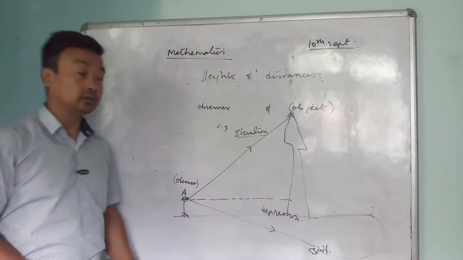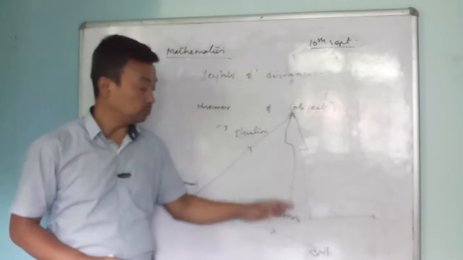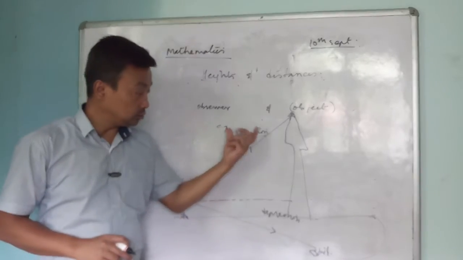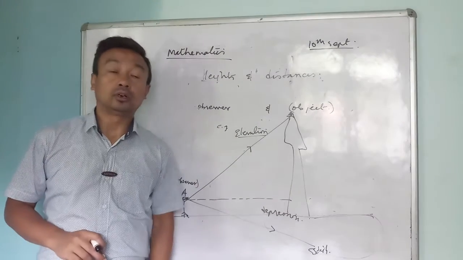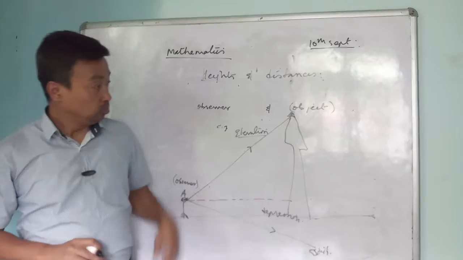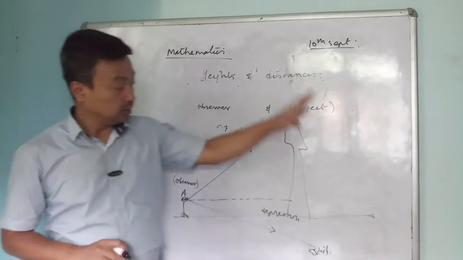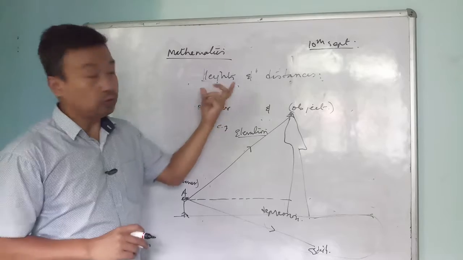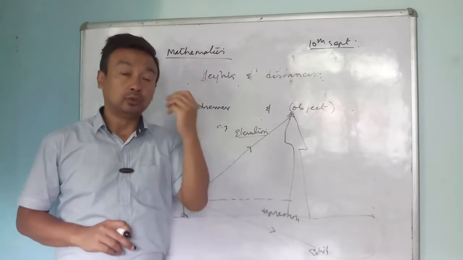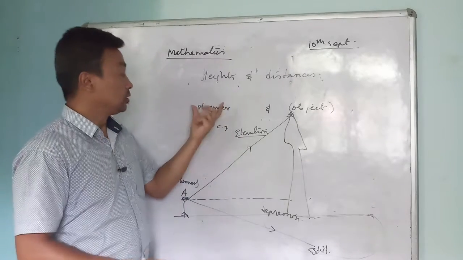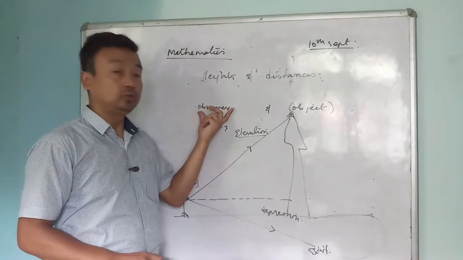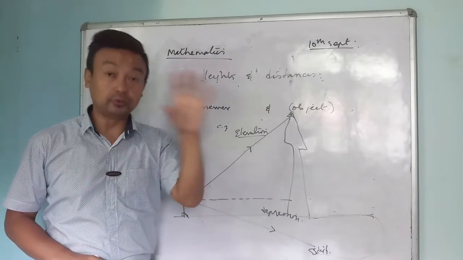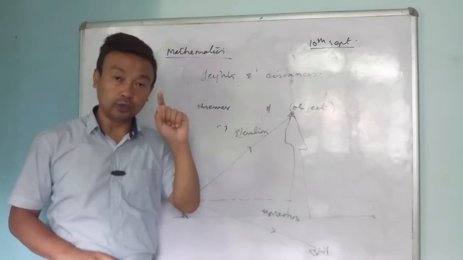These are the two important points to understand heights and distances. Only these two angles you have to learn. As a quick recap, to find heights and distances with the help of trigonometry, we have two terms, observer and object. The observer is the one who is observing, the point of observation.